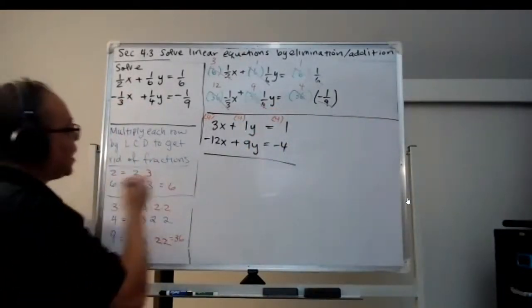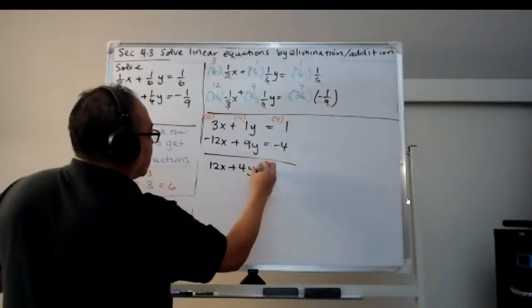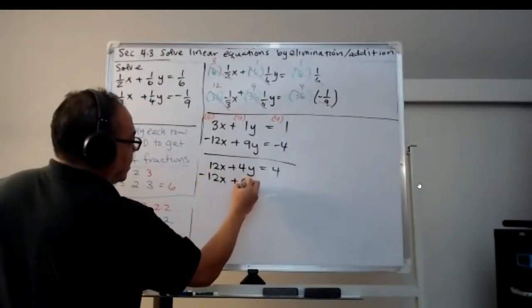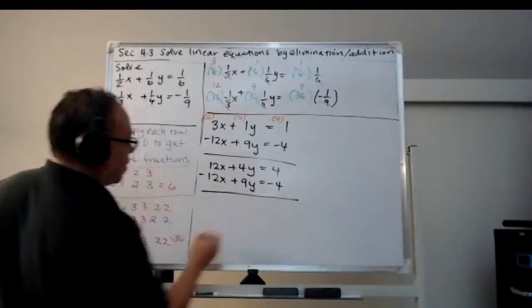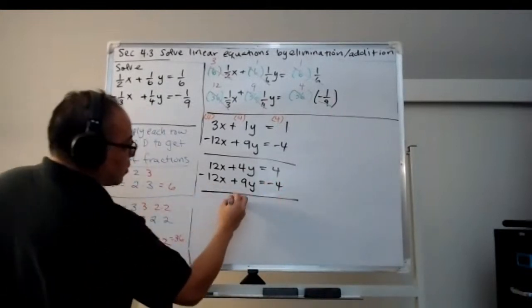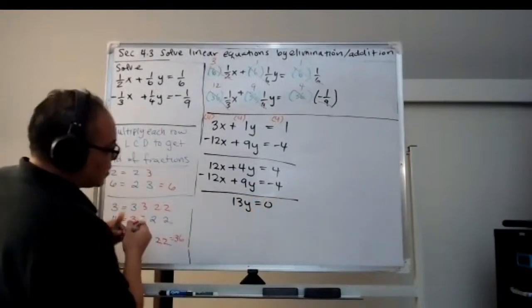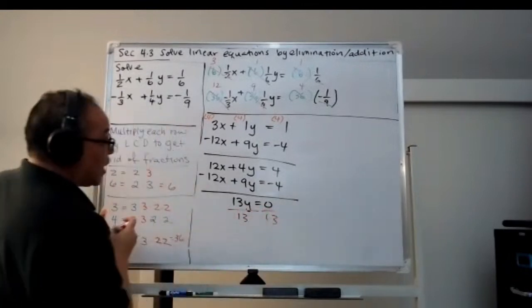So now you get 12x plus 4y is equal to 4, and negative 12x plus 9y is equal to -4. So I get 13y is equal to 0. And when I divide both sides by 13, I get y is equal to 0.